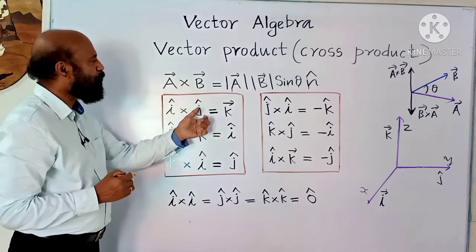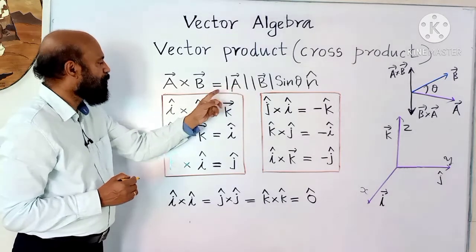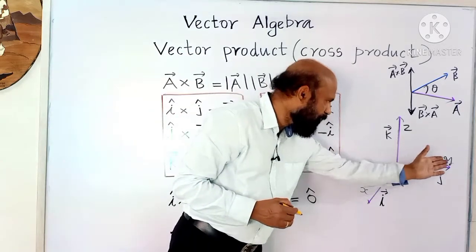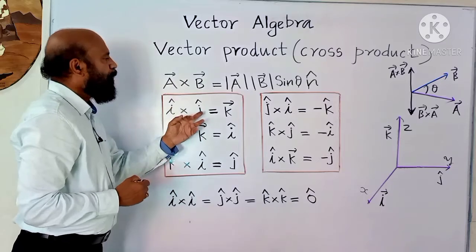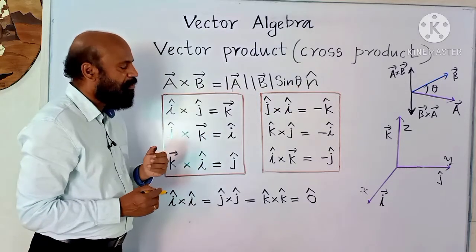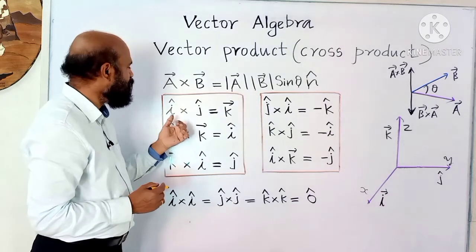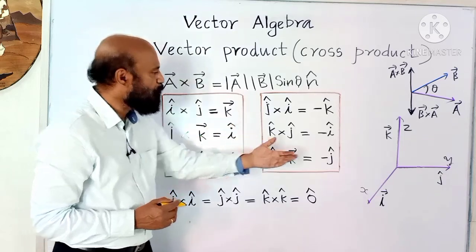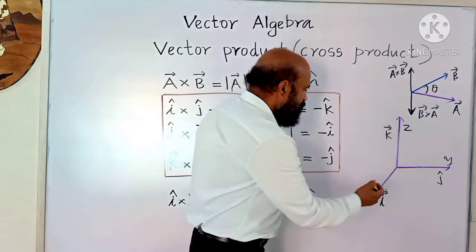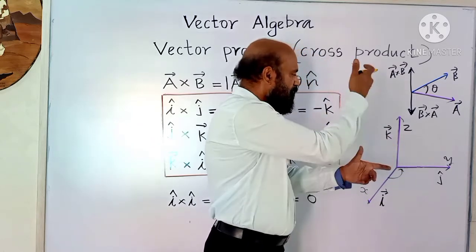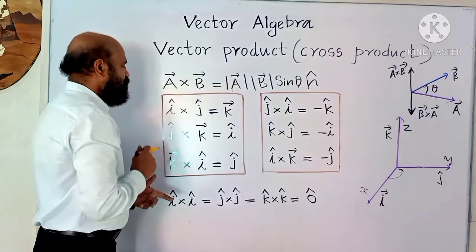It's a unit vector, so its magnitude is 1. j is another unit vector along the y-axis, so its magnitude is 1. The angle between them is 90 degrees, and sine 90 is 1. So i cross j is equal to k vector. This is the rotation. i cross j is k vector.